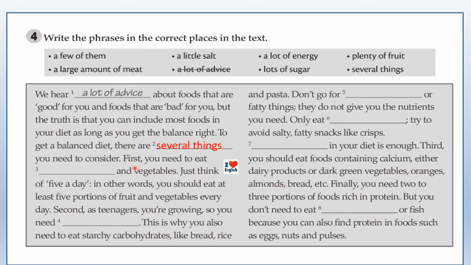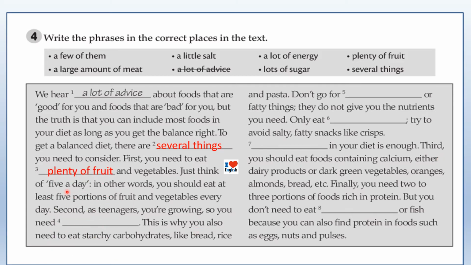Let's start with number 1. So we should write first. First, you need to eat blank and vegetables. Which phrase can go with vegetables? If you think about plenty of fruit, you are right.